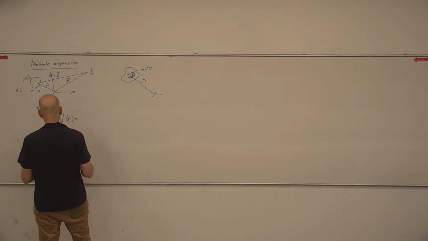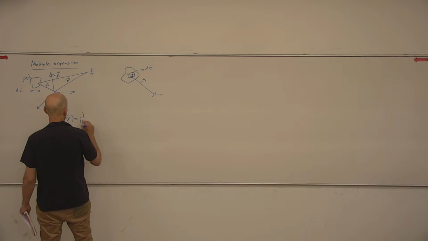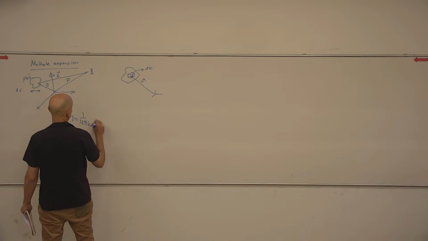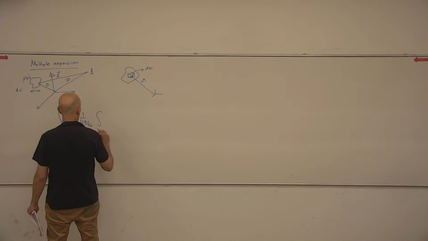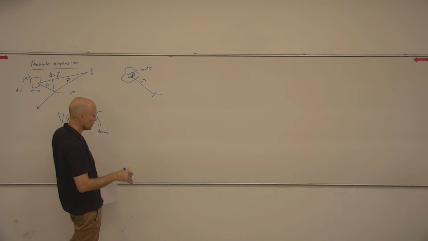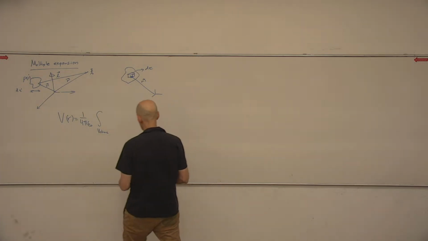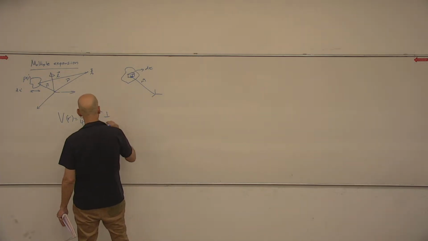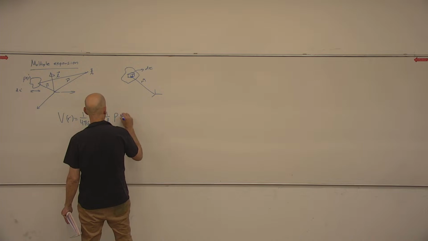So we can write formally the solution V at point r. This is simply the Coulomb law: 1 over 4 pi epsilon 0, integral over the volume. What is the volume? The volume is this object where the charge density exists. 1 over L, rho of r prime, d tau.